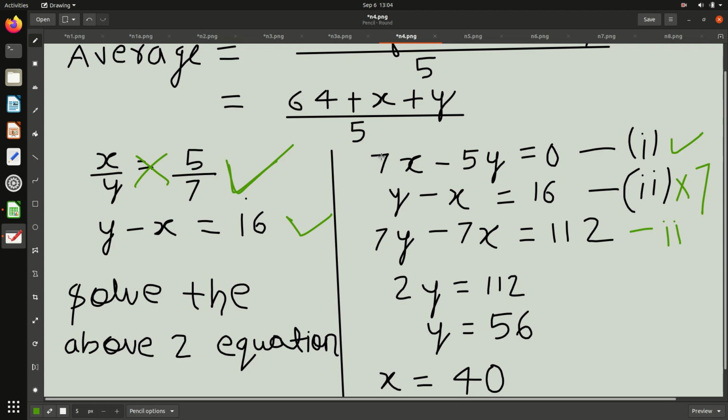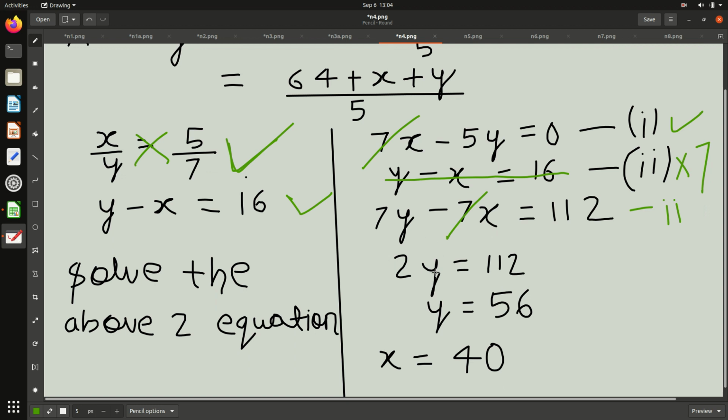Now if you look carefully at equation 1 and equation 2 and add them, all the x terms will cancel out and we are left with only y. So 7y minus 5y is 2y, which equals 112.